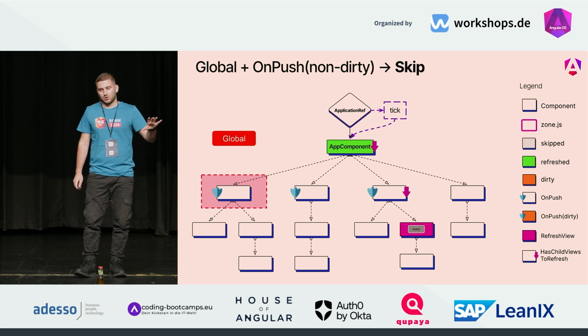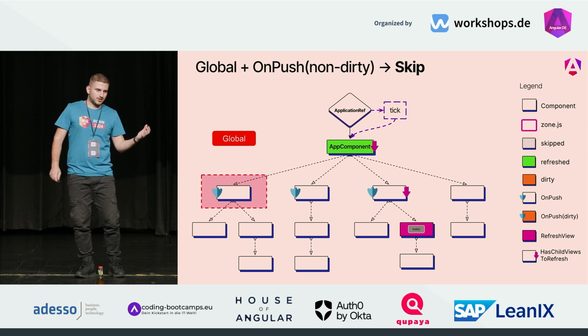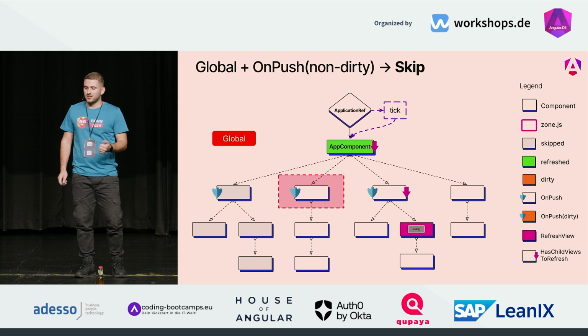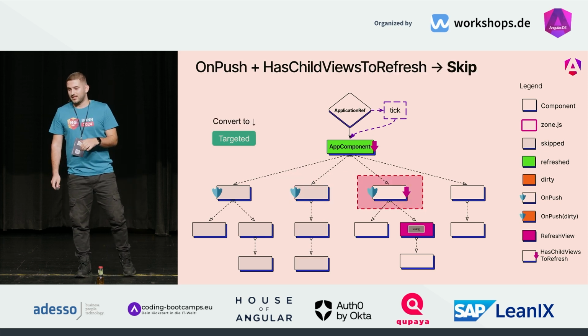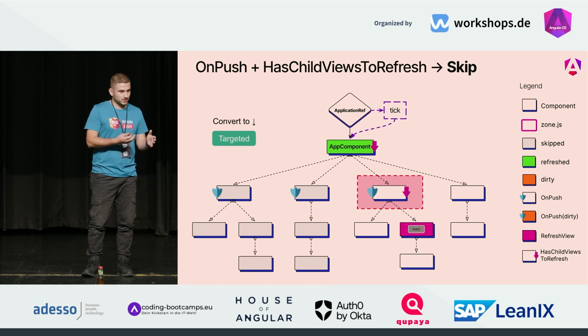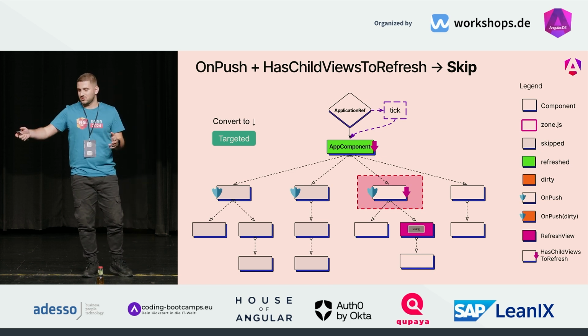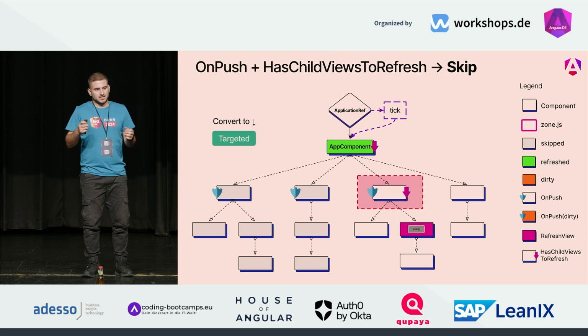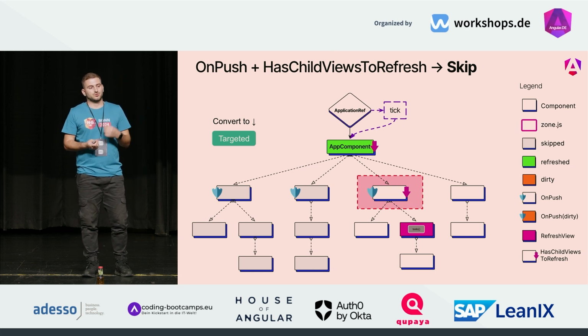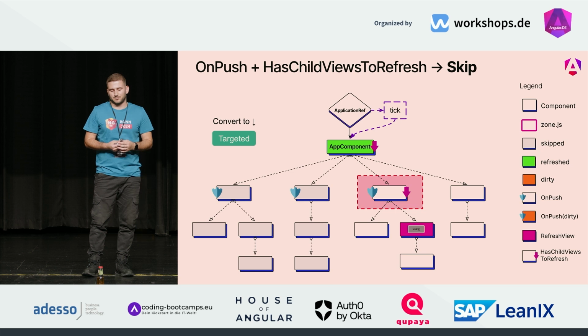We are in global mode. We are on OnPush, not dirty, so we just skip, go to the second one. We are still in global mode, OnPush, not dirty, and we also skip. And then now we have this OnPush component that has child views to refresh. What we do here is we skip, but at the same time, we convert to targeted mode because that's the rule that we applied before.